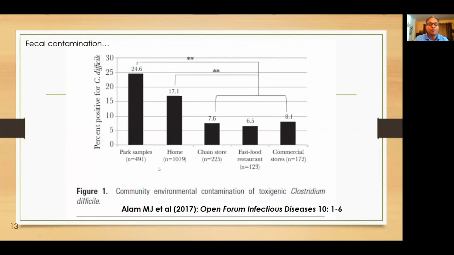Again, we collected many samples from various homes, over 1,000 samples, and found 17% samples positive for toxigenic C. difficile. From chain store, 7.6%, fast food restaurant, 6.5%, and other commercial stores, 8.1%. So it seems C. diff are everywhere. These bacterial spores are sitting everywhere.